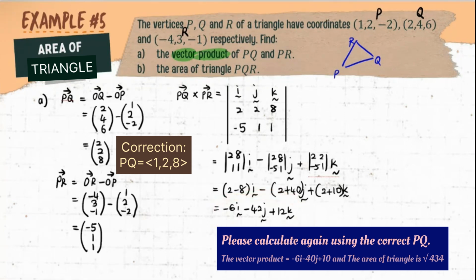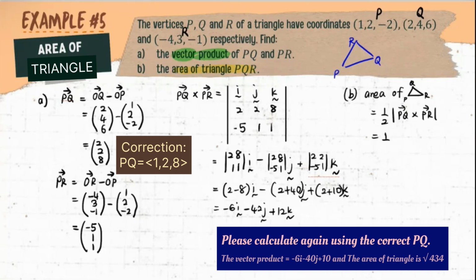So to get the area of the triangle, the area of PQR will be equal to half of the magnitude of PQ cross PR.